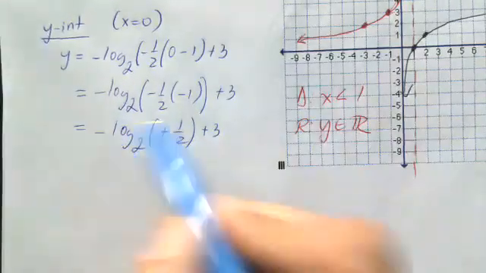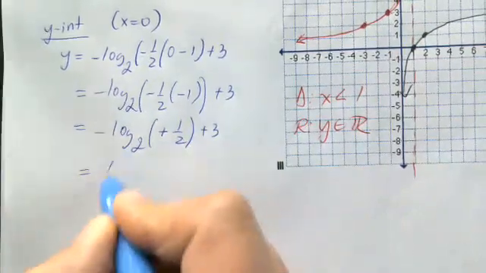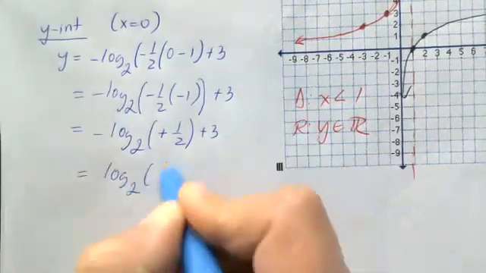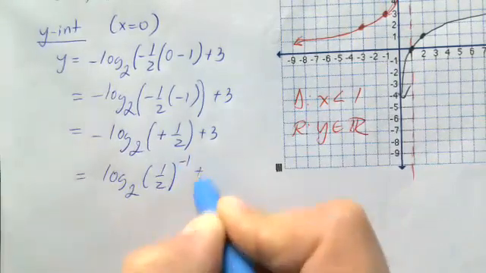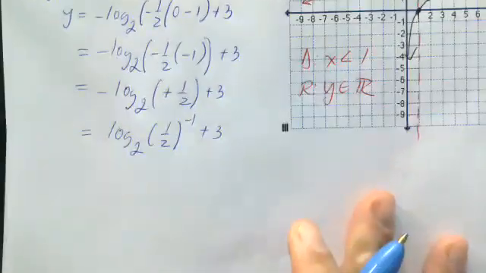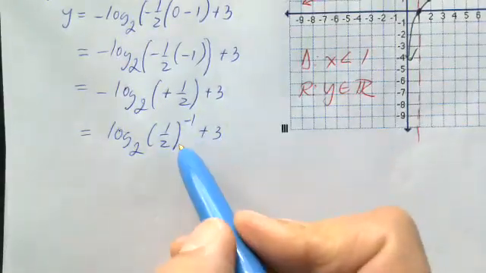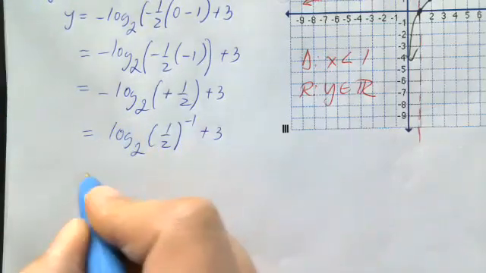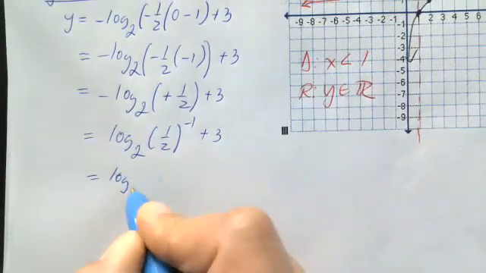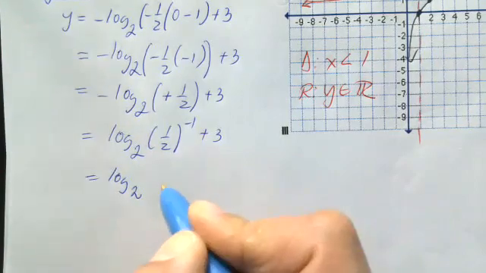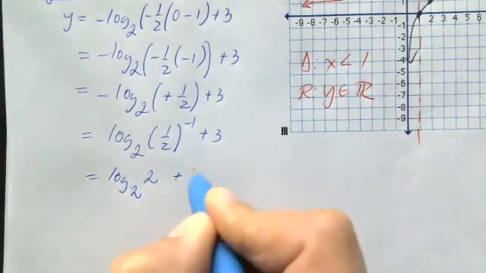We can then put the negative in the exponent. So log in base 2 of 1/2 to the negative 1, plus 3. We know a negative in the exponent is just the reciprocal, right? So log in base 2 of 2 plus 3.